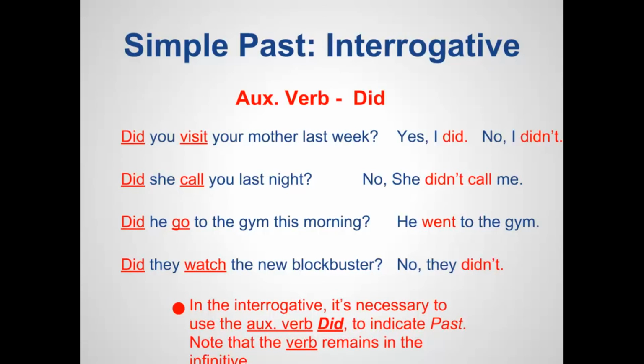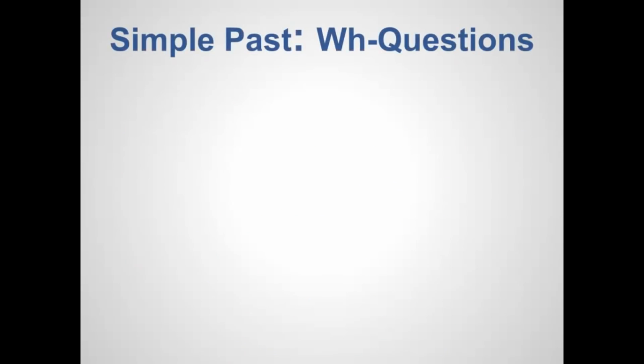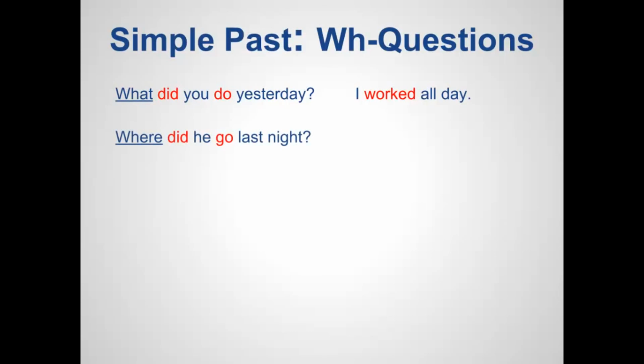All right, so let's take a look at the next part. Simple past with WH questions. Do you remember WH questions? Who, what, when, where, why, right? Let's take a look. What did you do yesterday? Well, I worked all day. Where did he go last night?